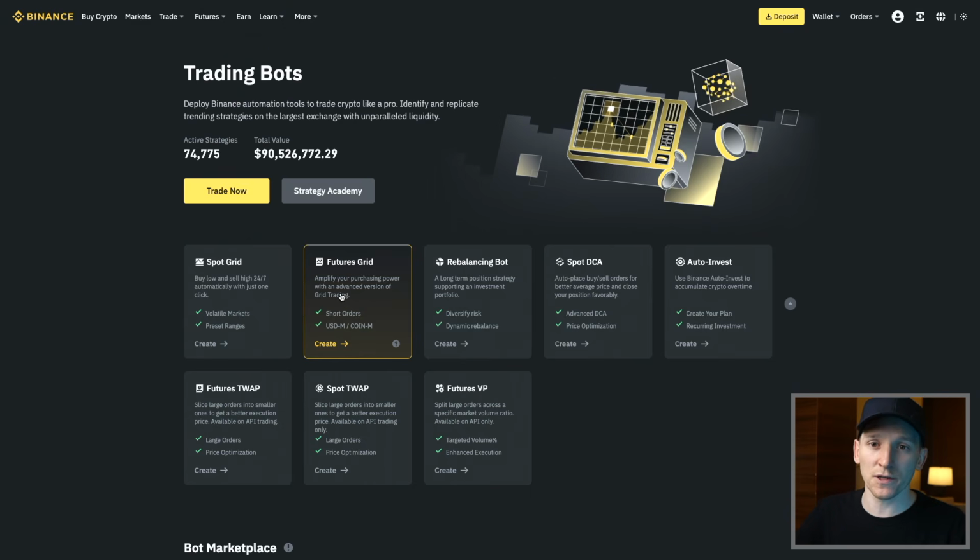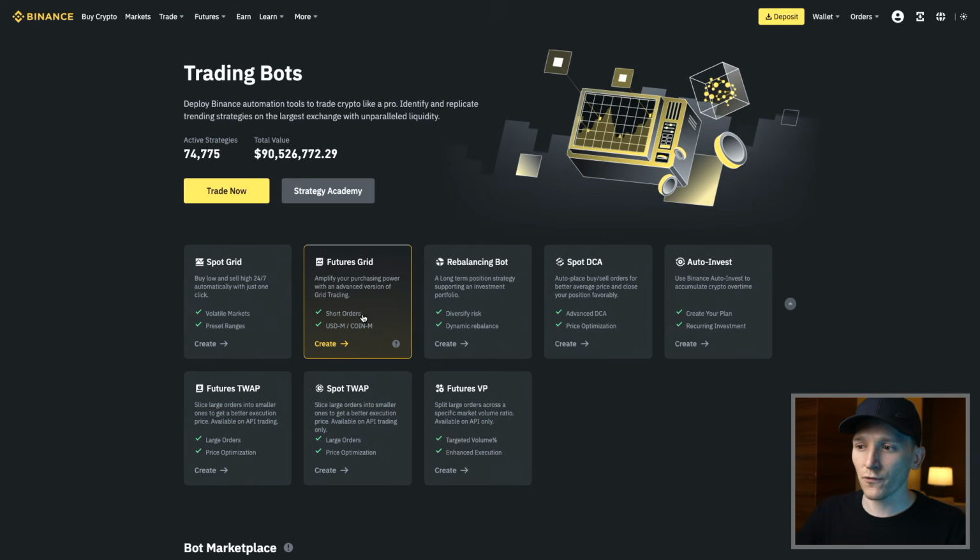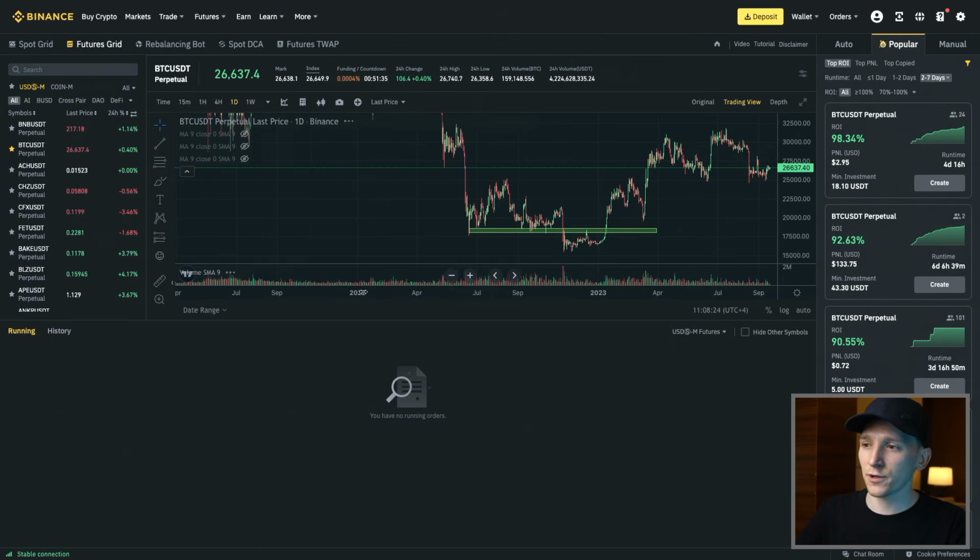Now we'll move on to the futures trading bots, which do have extra features over and above the spot trading. So futures grids right here. Click that, you should go through to this page, which looks very similar, but now you are trading in the futures market. The difference here is that with spot trading, you buy and hold crypto. So you can really only take advantage of the price coming down, buying at cheaper prices, then waiting for the price to move up to sell.